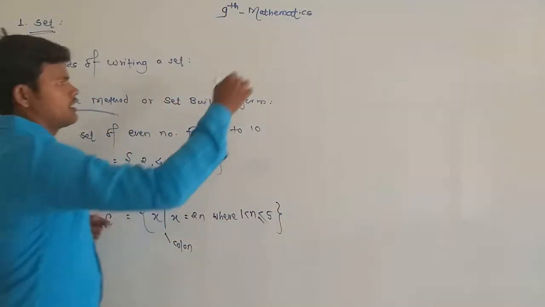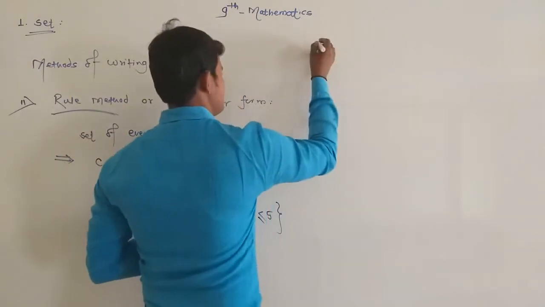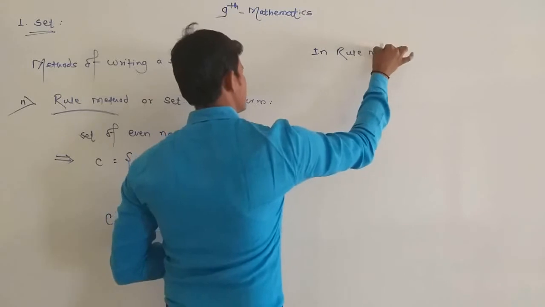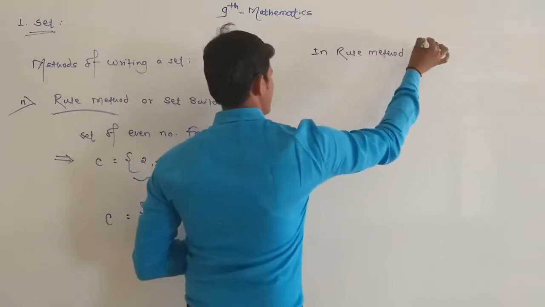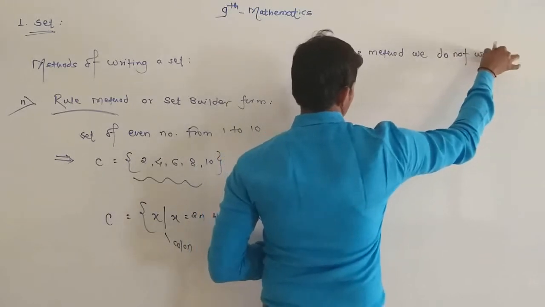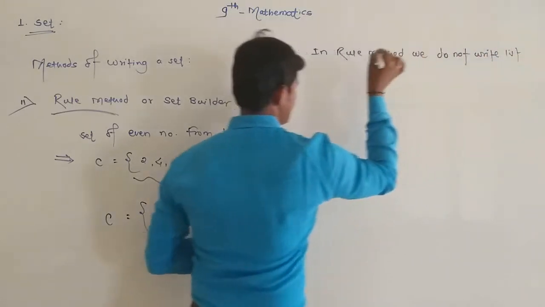Now I write the rule here. In the rule method we do not write a list of elements.